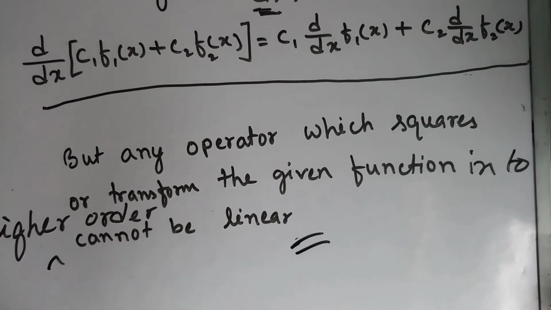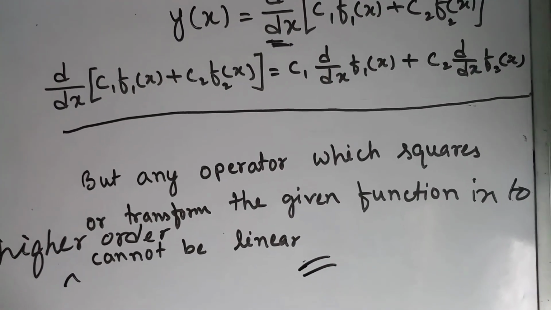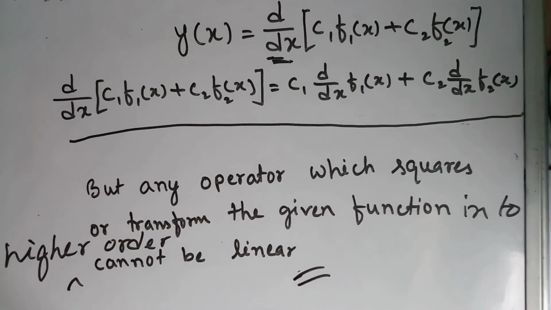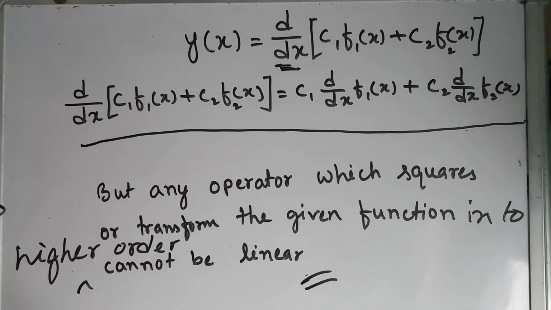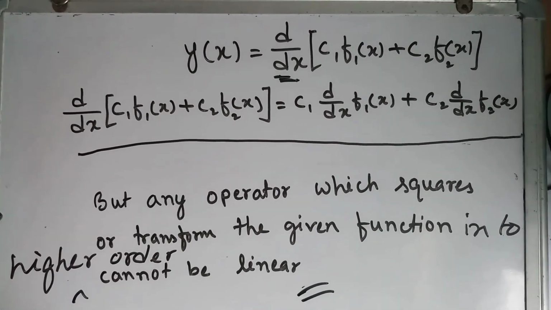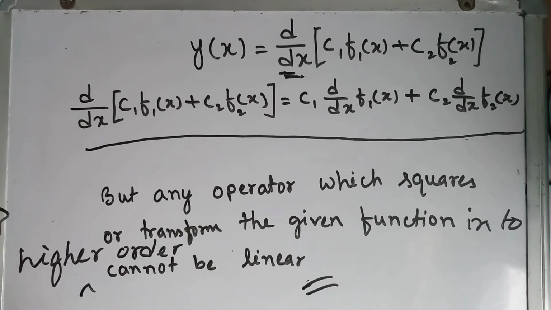Okay, so what is the basic rule? We call an operator linear when it follows the rule as you have learned earlier.